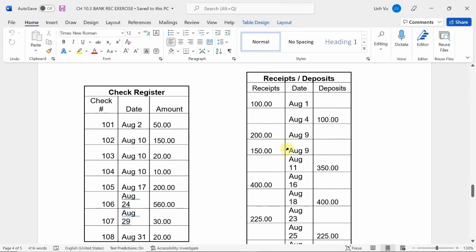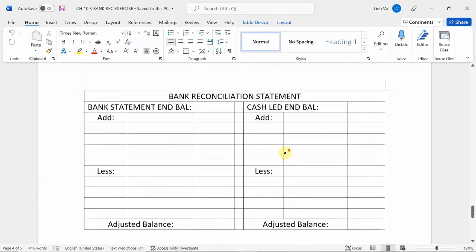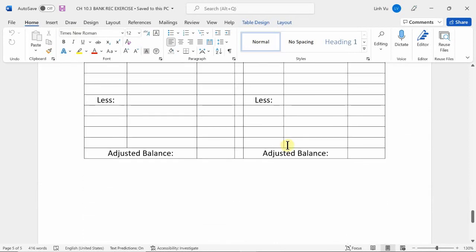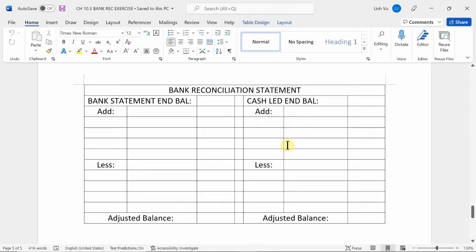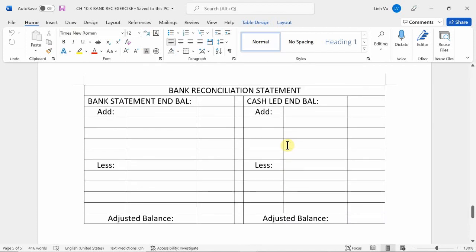You have your deposit slips here, and of course this table to help you calculate your bank reconciliation. Which side do you want to solve for first? The bank side or our side? Bank. Let's do the bank first.